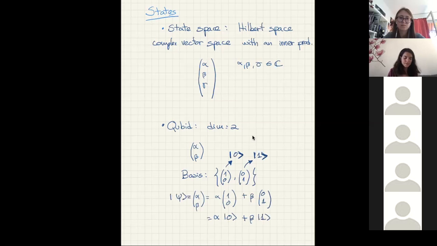And this could be the quantum state, for example, of a spin. There are some normalization conditions, which we'll see later.